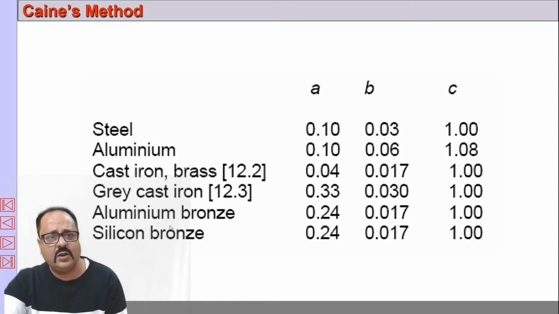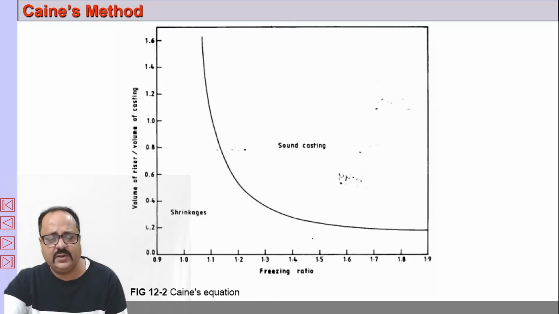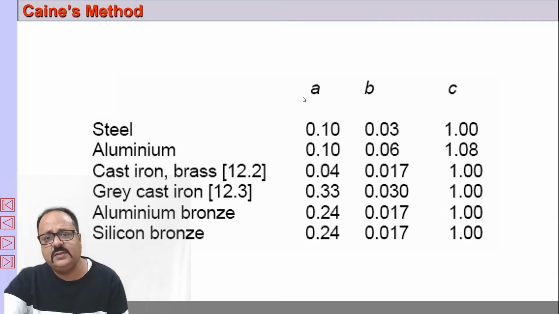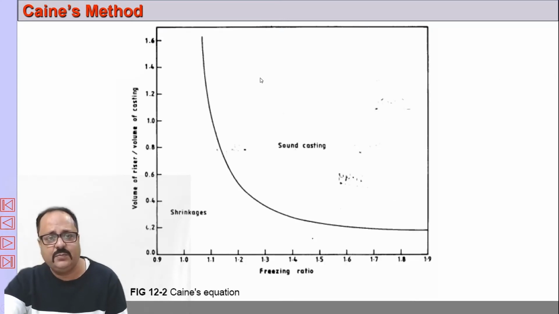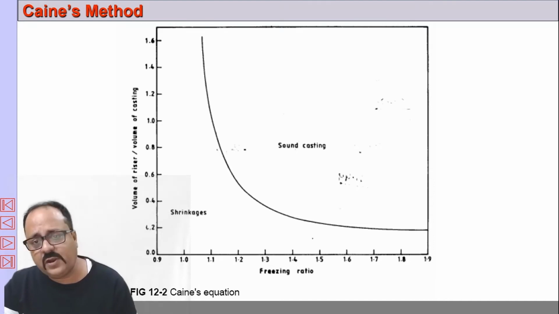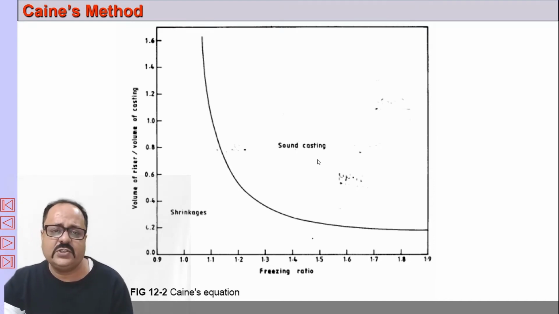Once you have X, you plot X and Y on this curve. If the X and Y for your riser fall on this side of the curve, you can expect a sound casting. If it falls on this side of the curve, you can expect shrinkage.